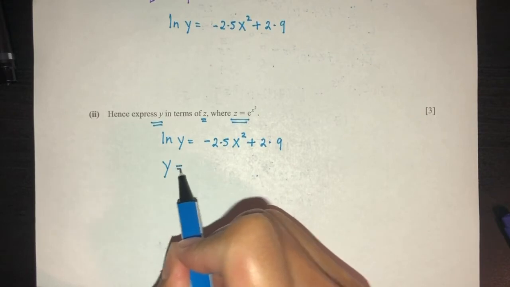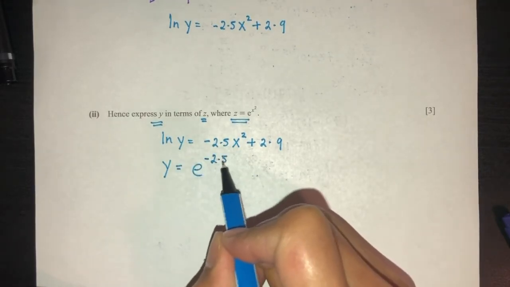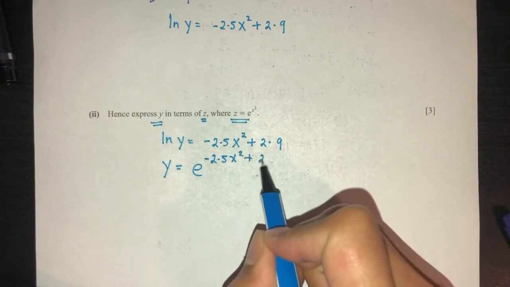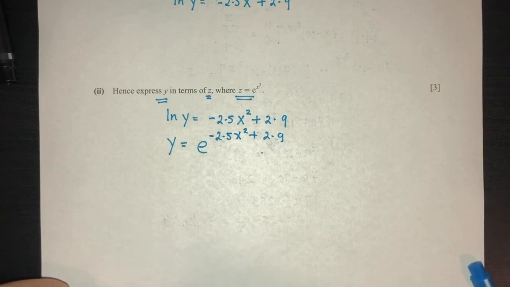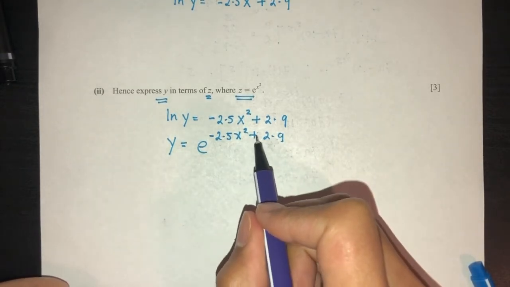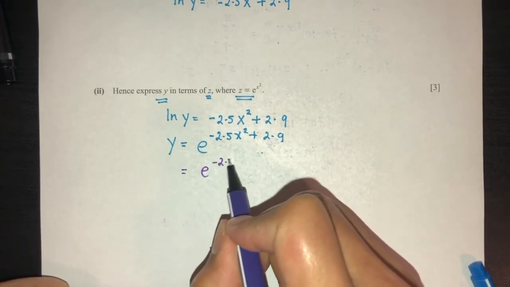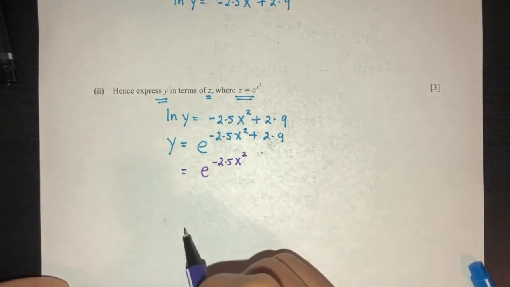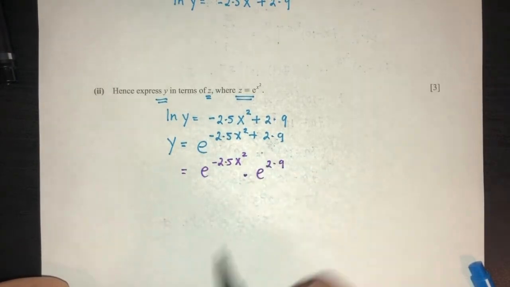So when you send ln, that becomes e power of minus 2.5 x squared plus 2.9. Now, let me break this down for you. It is e power minus 2.5 x squared, and plus becomes multiply, e power 2.9.